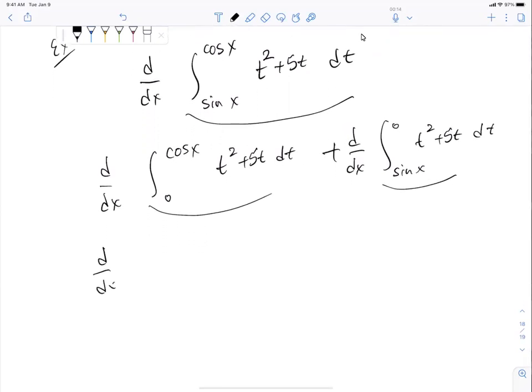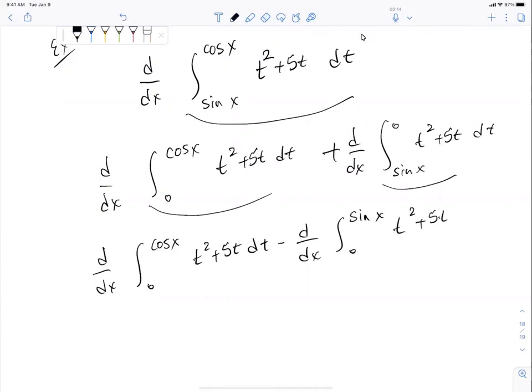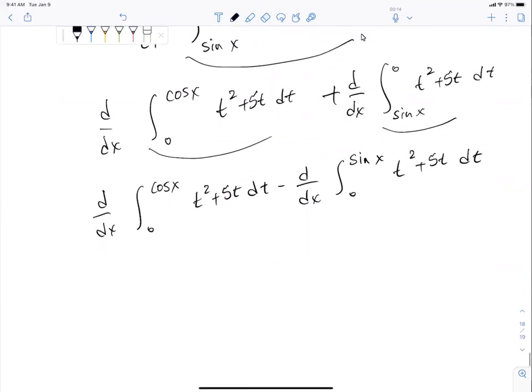Then I have d/dx of the integral from 0 to cosine x of t squared plus 5t dt. And then here, I'm going to switch the bounds of the integral. Once again, for each of those, I'm going to apply the process I taught you. So here I'm going to let u be cosine x, du/dx is negative sine x.